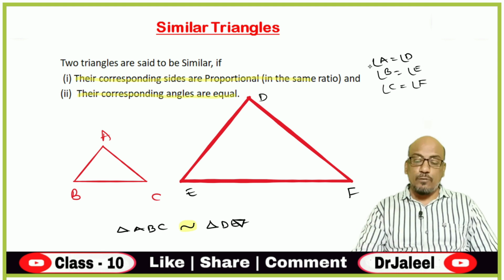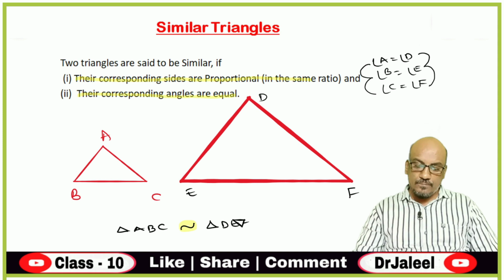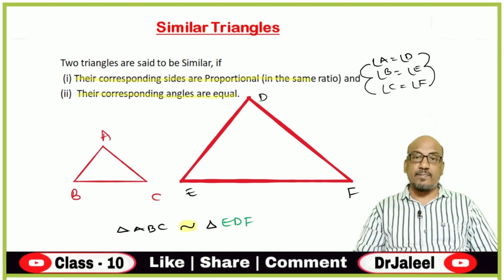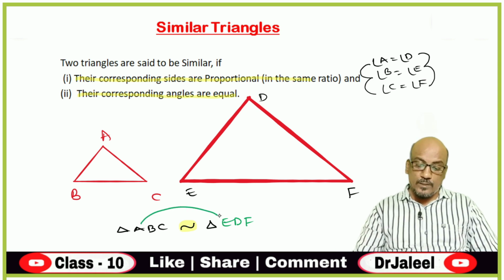And we need to follow the same order while mentioning the triangle. ABC is similar to DEF. So children, here DEF you should write as D, E, F. Suppose I write E, D, F. Though you are representing the triangle in a right way, similarity can't be, because A is equal to D. The corresponding angle of A is what?